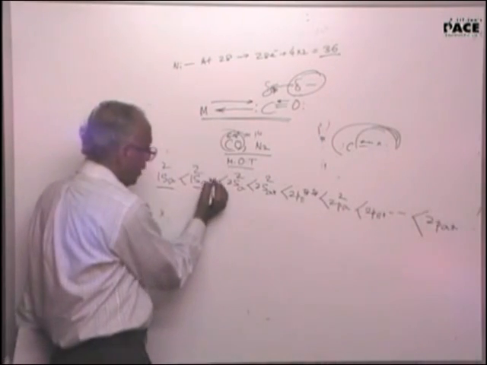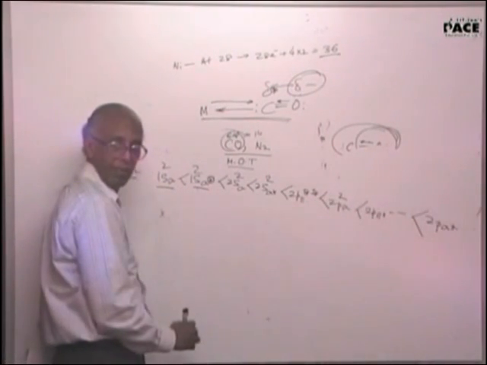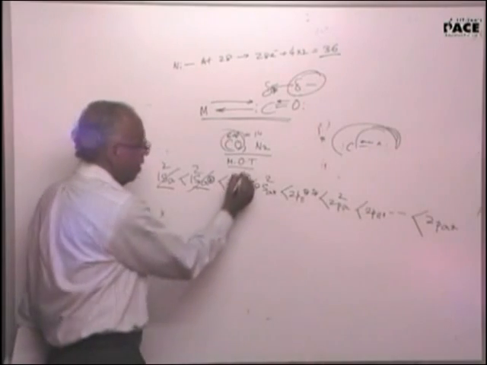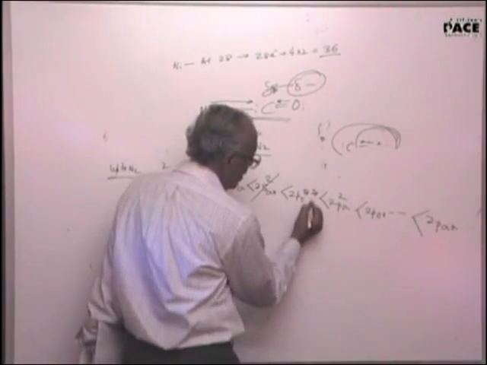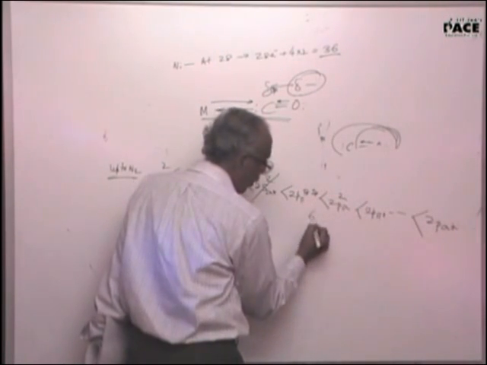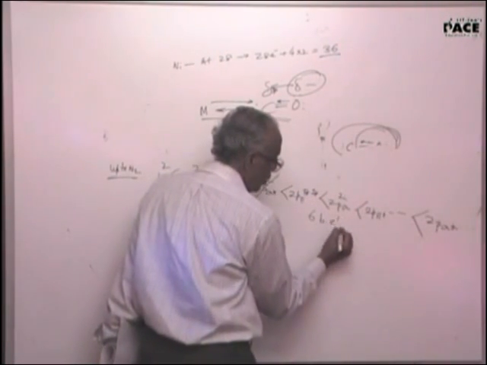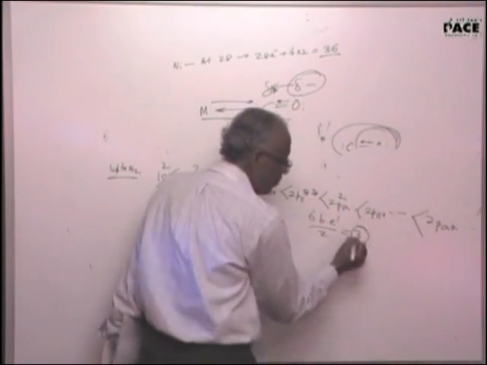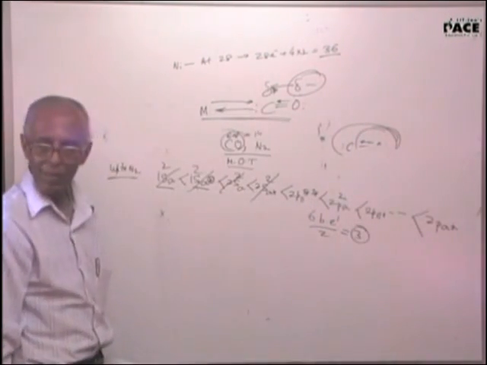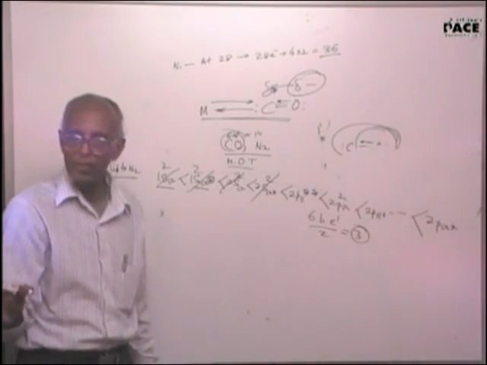This is an anti-bonding orbital. Star means anti-bonding. So bonding and anti-bonding cancel. You have 4 plus 2, 6 bonding electrons. By 2, the bond order is 3. In anti-bonding, there is no electron.